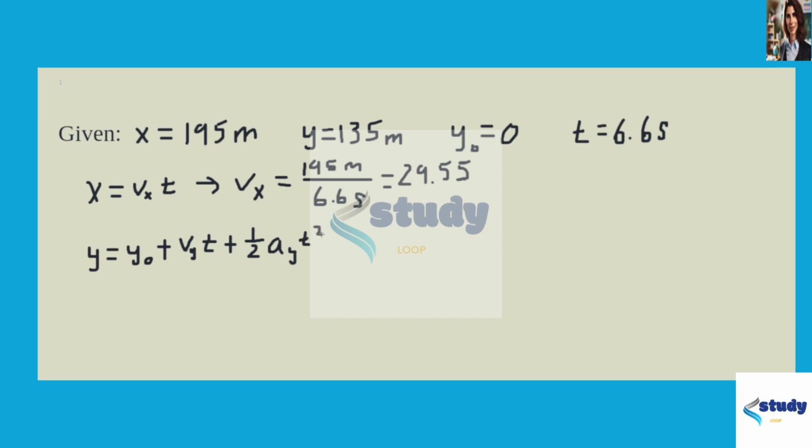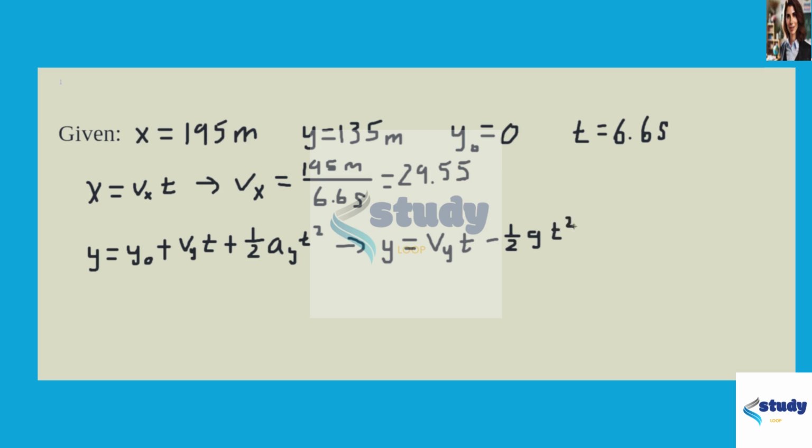Let's simplify this a little bit. y naught here was 0, so let's ignore that. y equals v of y, which we still don't know and is what we're trying to find, times the time, plus 1/2 a of y times t squared. Well, the acceleration in y is gravity in the negative y direction. So we'll pull that negative sign out front, and this will be minus 1/2 gravity times the time squared.